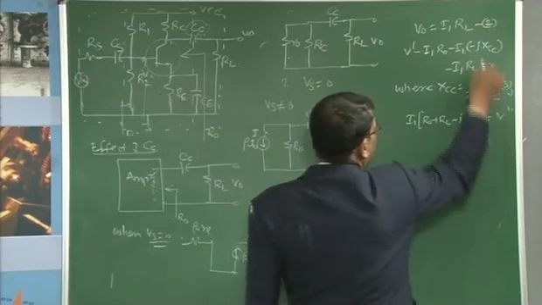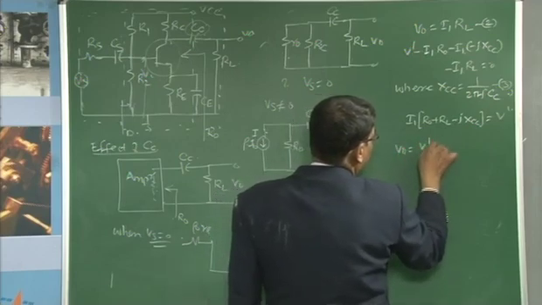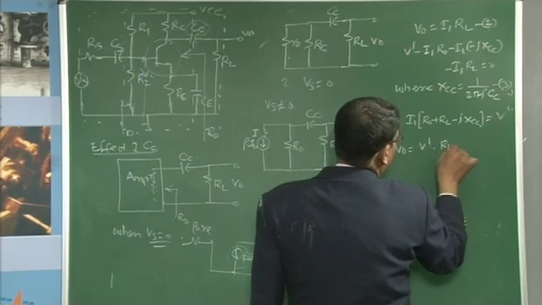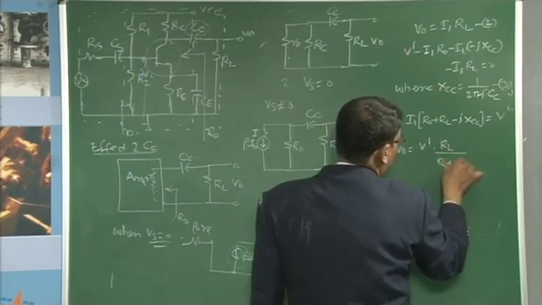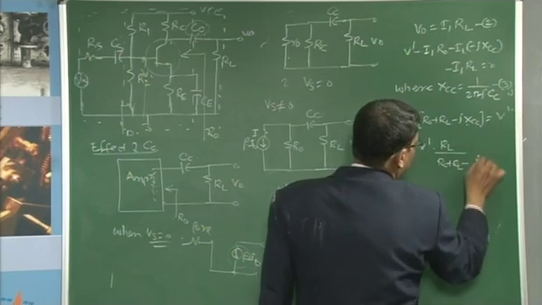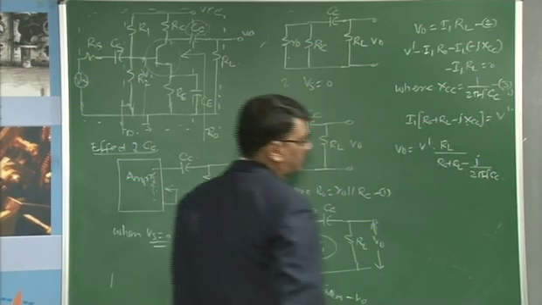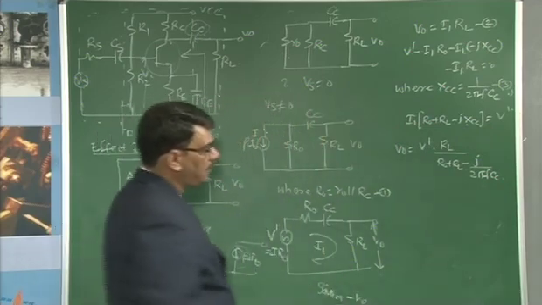Substituting this into equation 2, V naught is equal to V dash into RL divided by R naught plus RL, and also substituting equation 3, we get minus j divided by 2 pi f CC.